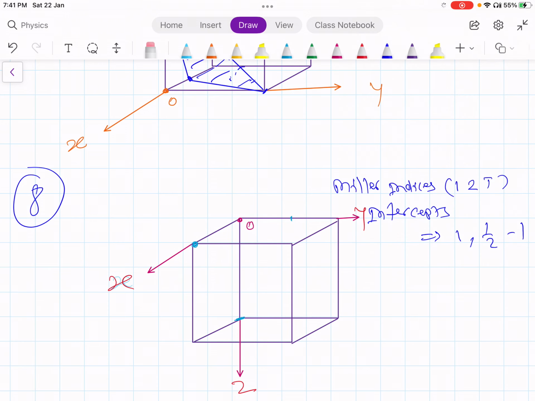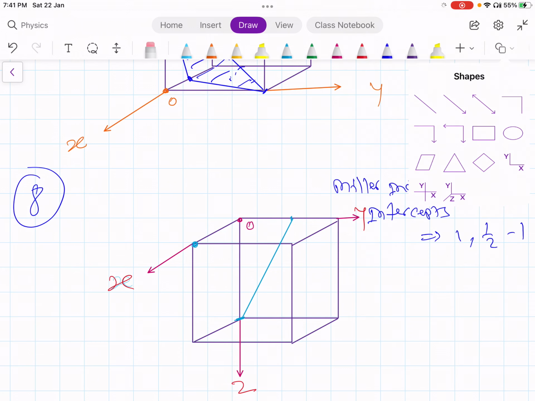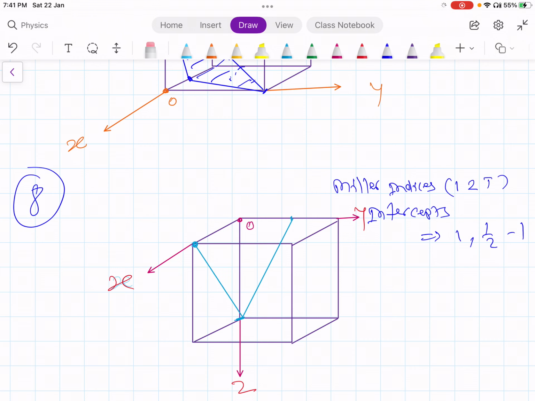Let's join the points. So this is the plane. 1, 2, bar 1.